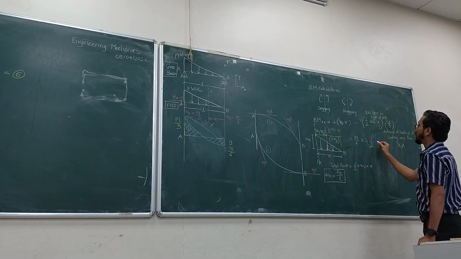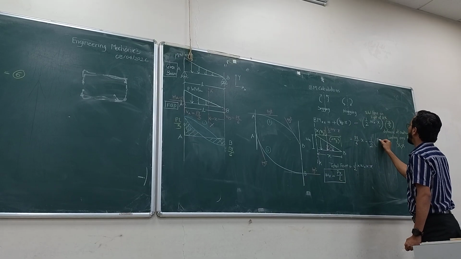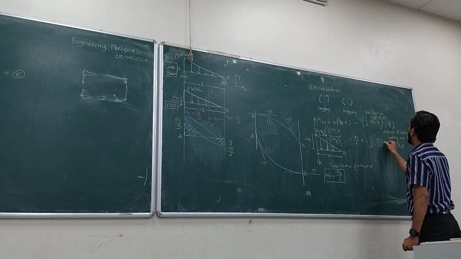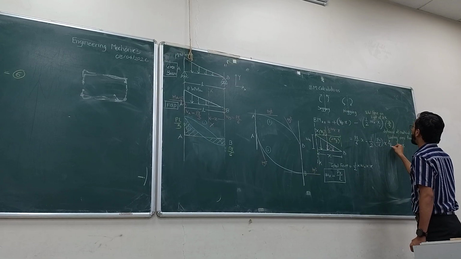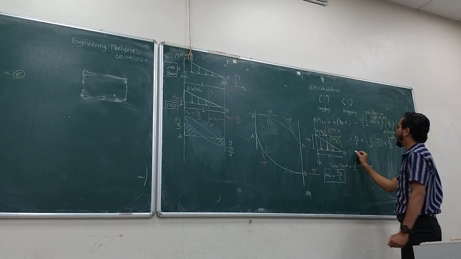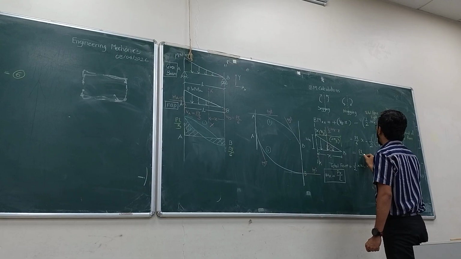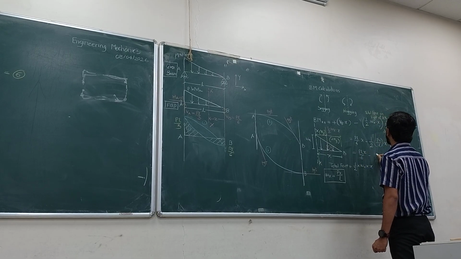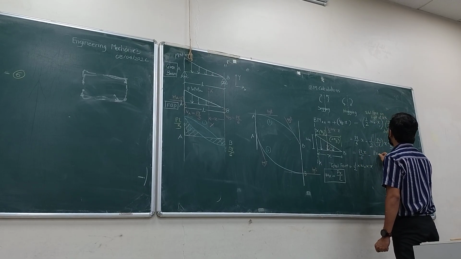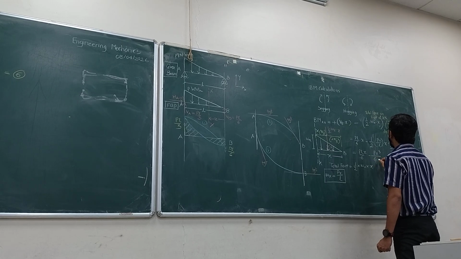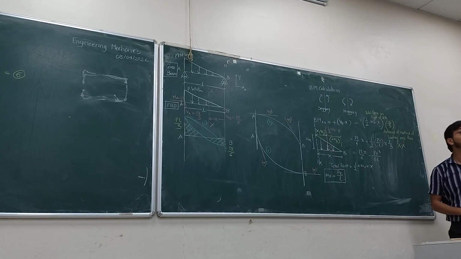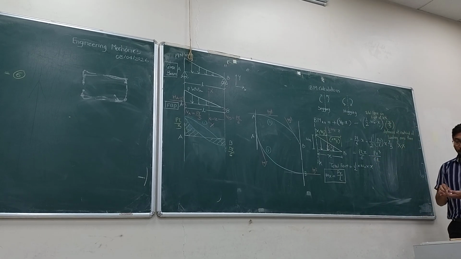So put this half into Px by L into X by 3. Yes or no? Look at this. What do you get? You get PLX by 6 minus PX cube by 6L. Did you get this? What you are getting?